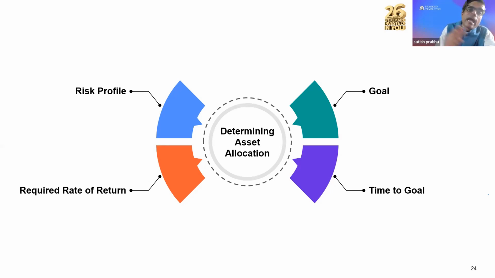But remember that as you near your goal, equity being more volatile, it is prudent to move your money slowly into debt. And the day you withdraw your money, you will have all your money in debt, and the risk of volatility will be far lower. So those are the things that you need to have in mind while setting asset allocation.